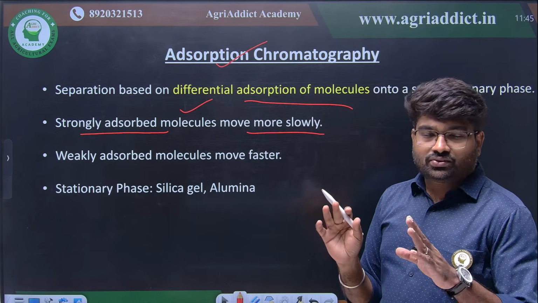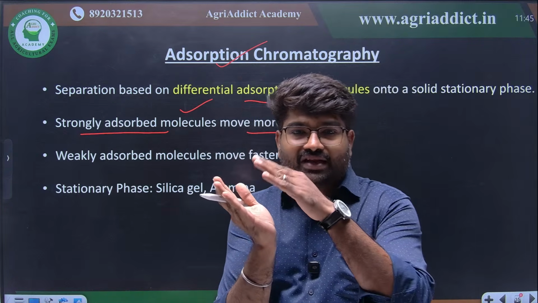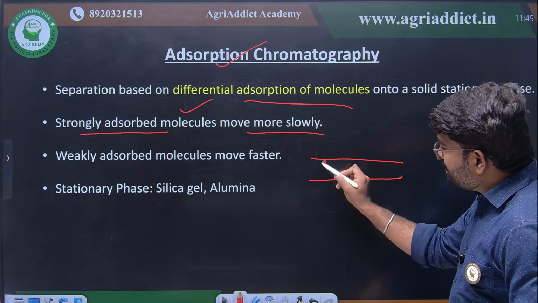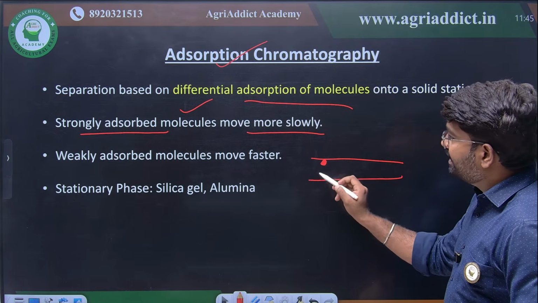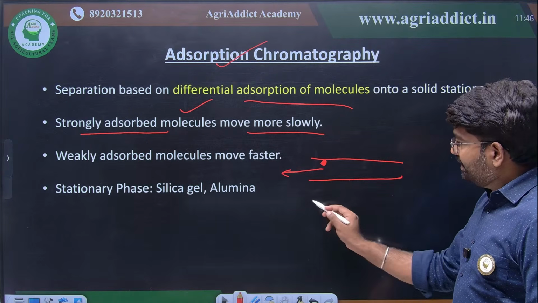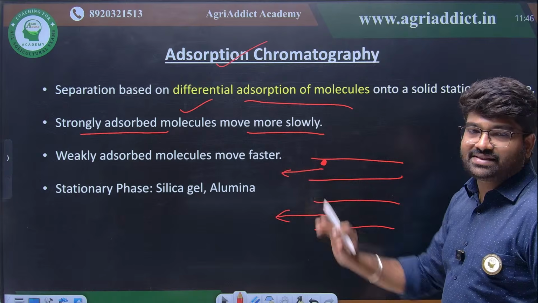Simple thing: if in our column the molecule attaches more tightly, it will take more time to elute from the column. If it is less tightly adsorbed, it can elute first. This is the basic principle.